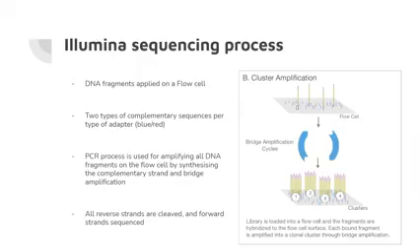So for example, if this fragment here has a blue adapter on one end and a red adapter on the other end, we're only interested in strands where the red end is sticking up. So if there's any strands here with the blue end sticking up, we wash them away. And then we apply PCR and bridge amplification to get from single strands to clusters. And we'll see how we do that in the next slide.